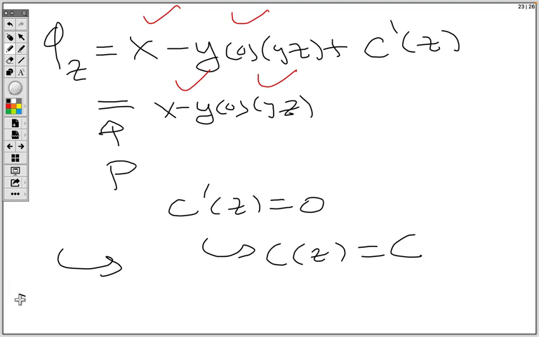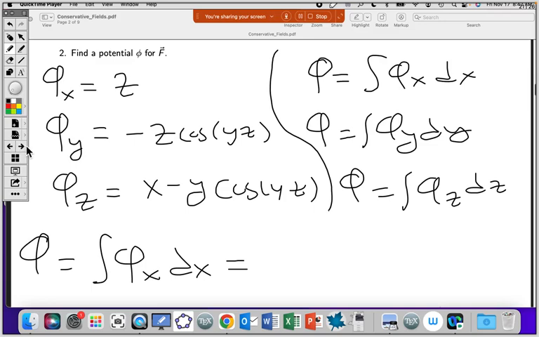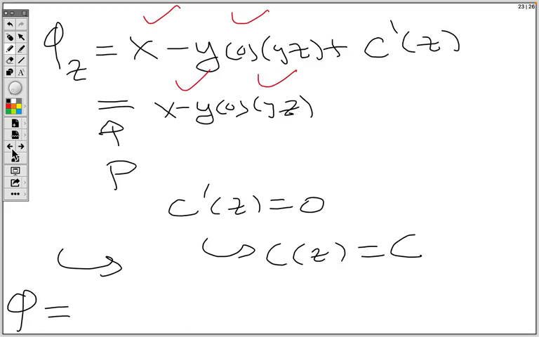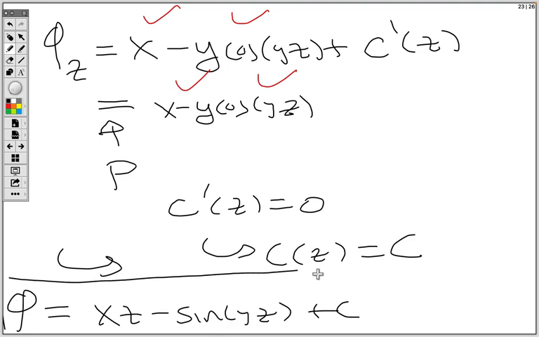So my final answer for the potential function phi is xz minus sine of yz plus a constant. And once again, the ultimate check is you take the gradient of phi, you get the field f. So let's take a minute and make sure we're all cool with how this procedure works.